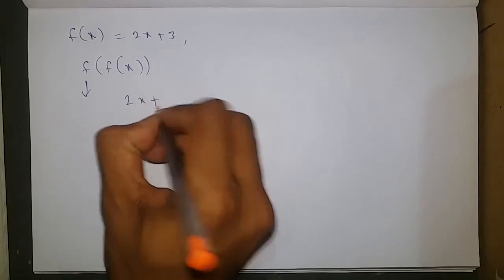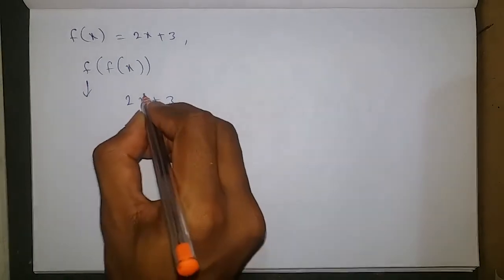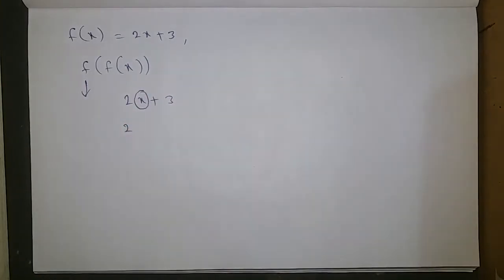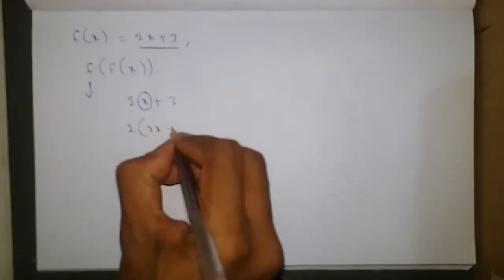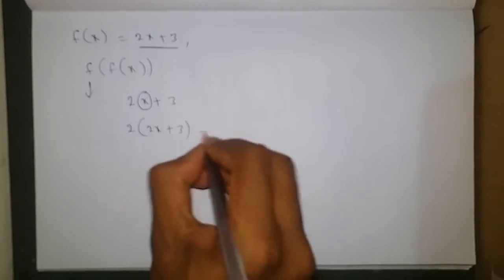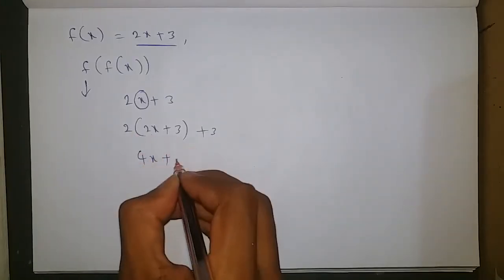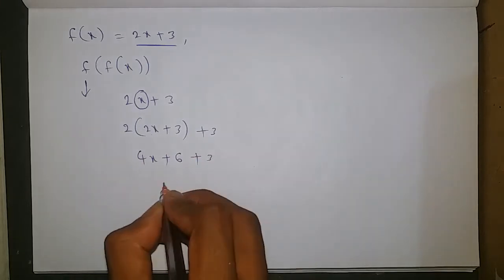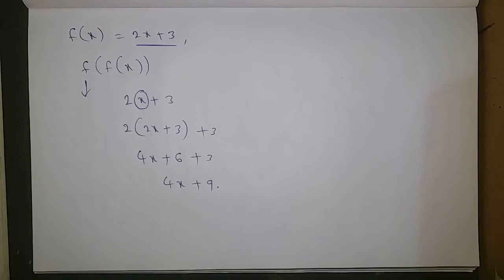So 2x plus 3 is there, 2 as it is, in the place of x again substitute f of x, that is total 2x plus 3, 2x plus 3 plus 3 as it is again, 2 into 2x 4x plus 2 into 3 6 plus 3, so we remain with 4x plus 9.